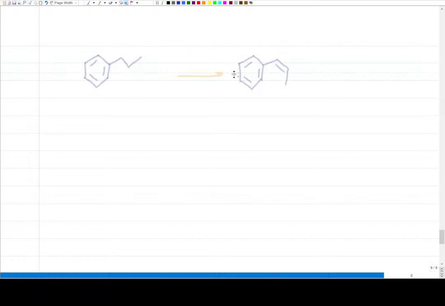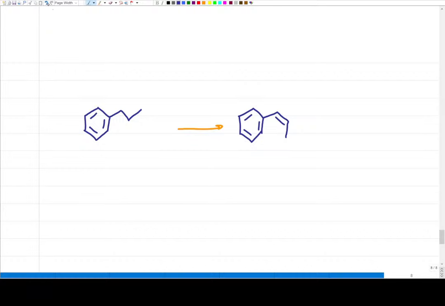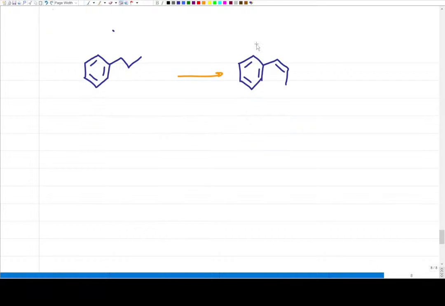When you first look at it, it looks like a pretty straightforward problem. All I have to do is stick a pi bond on there. Can't be too difficult. But the question is, how do we get there? Given that it's not just a pi bond, what is the same? All the carbons. What is different?